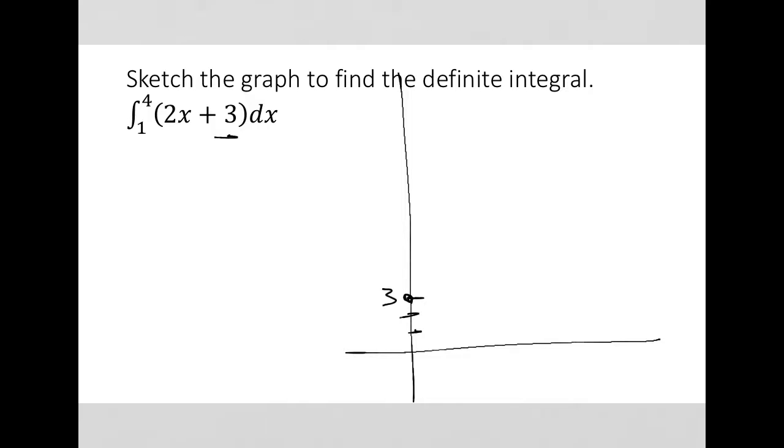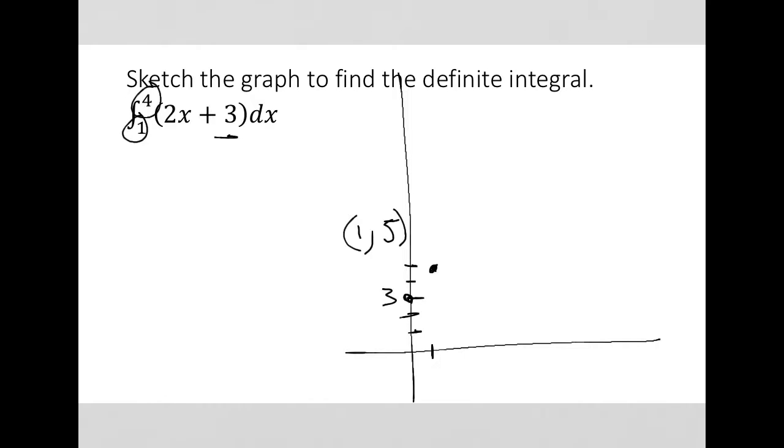This is a linear function, which means I'm just going to plug in to figure out where these points of interest are. What do I need? I need the point 1 and I need the point 4. Well, the first one should be no biggie to get. The slope is 2, so I should be up 2 from there to get my first point right there, which we know is 1, comma 5.